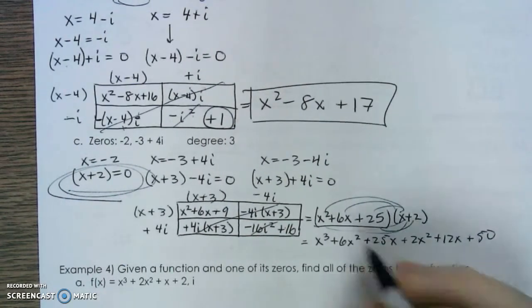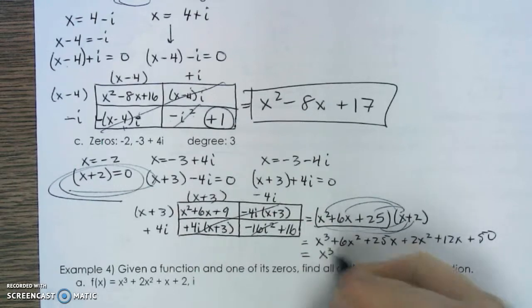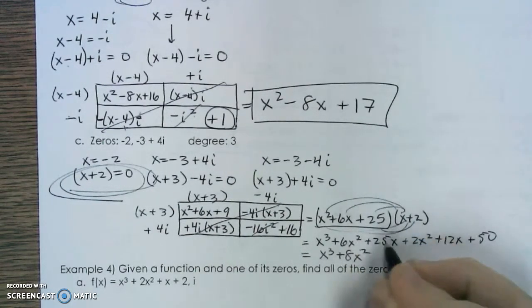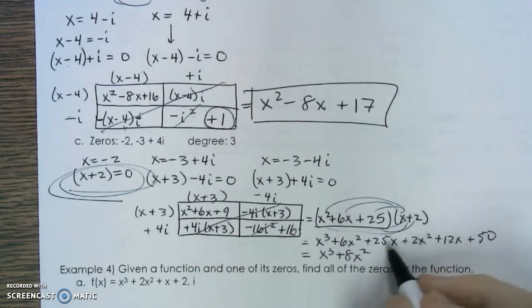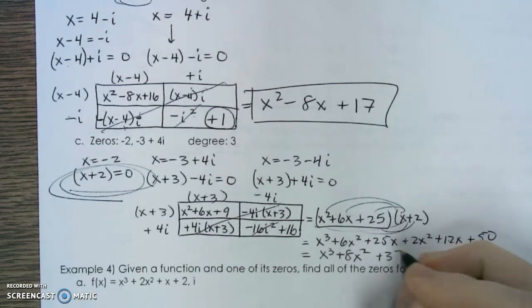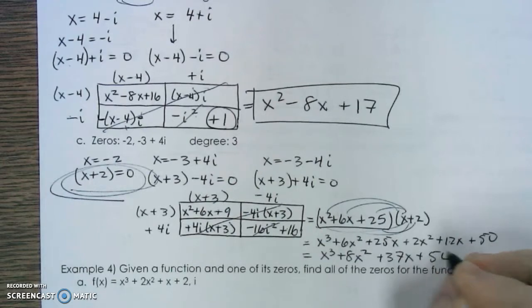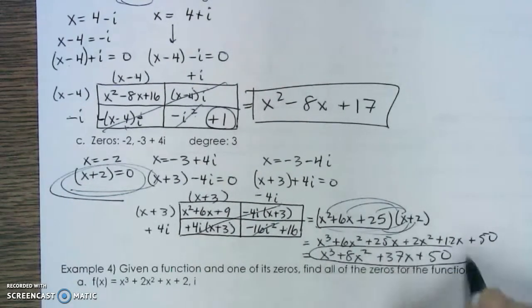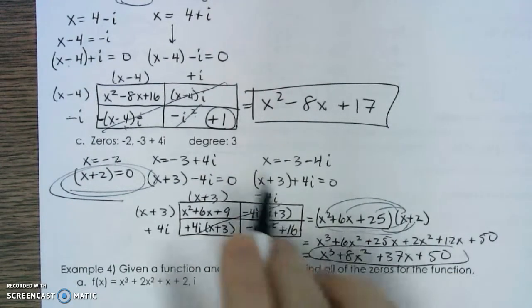And then just combine like terms. So you have x cubed, and the x squareds will make 8x squared, and the x's are going to make 37x, and then you've got a 50. And here it is degree 3, which is what they said you were going to get.